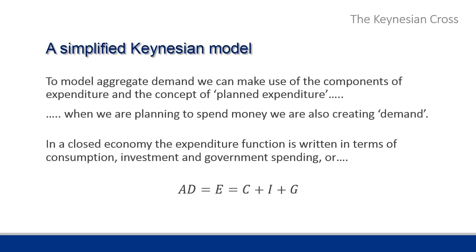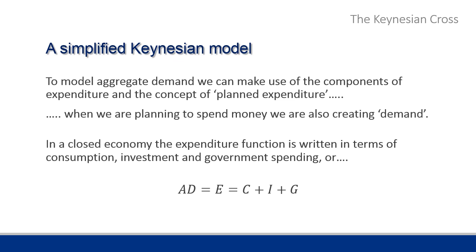But in more detail on the expenditure function, we can write that AD, aggregate demand, is equal to expenditure. So we have planned expenditure proxying for aggregate demand. And we know that expenditure is equal to C plus I plus G. It's the components.